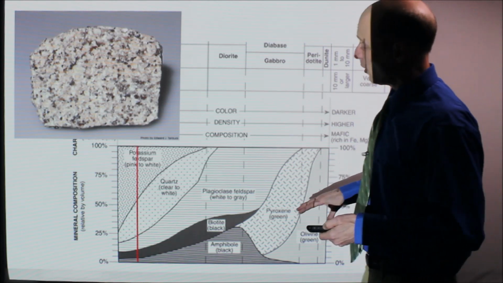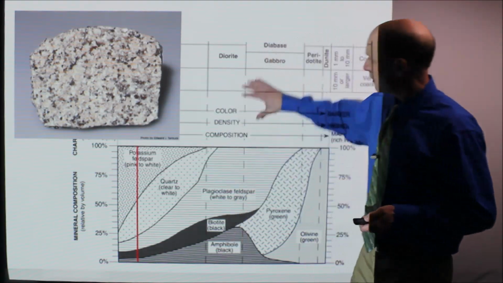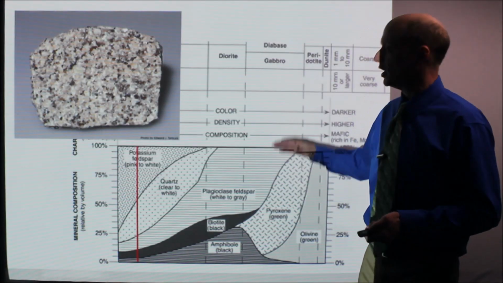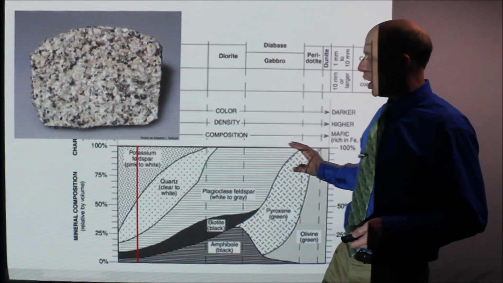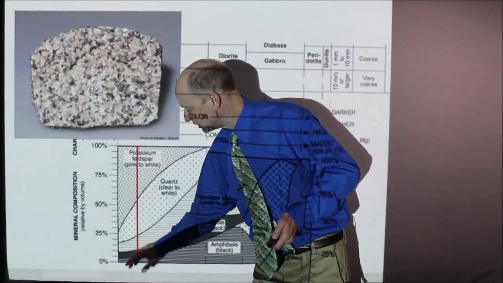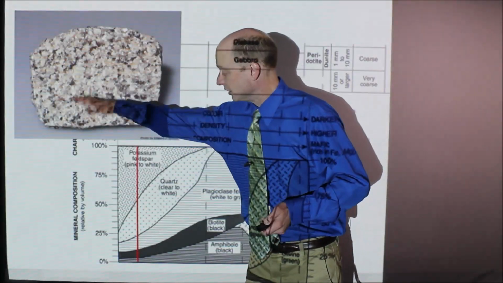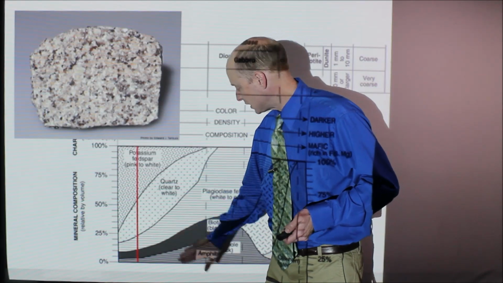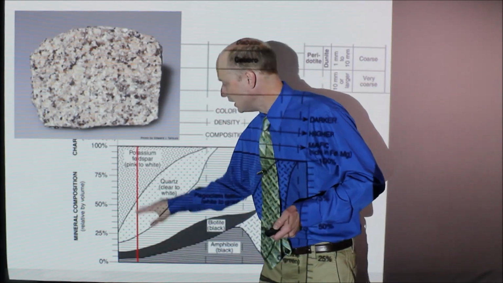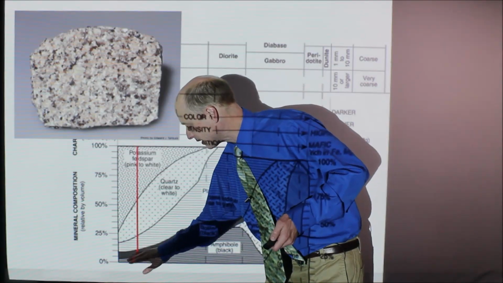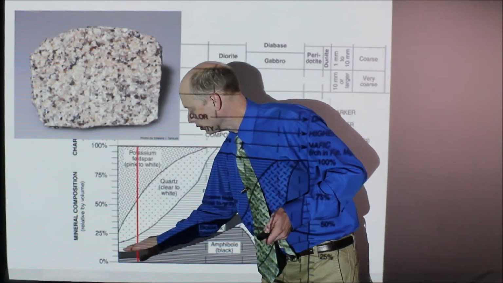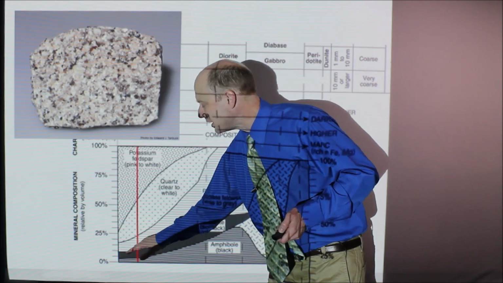The other thing I want to point out is on the reference table itself. We were looking at this chart here; the mineral chart's at the bottom. It's really cool how this works. On the left side, these are the minerals that make up the rocks on the left side of the chart: potassium feldspar, quartz, plagioclase feldspar, some biotite, and amphibole. These are your black minerals, this is pinkish, white, and these are your lighter color minerals.